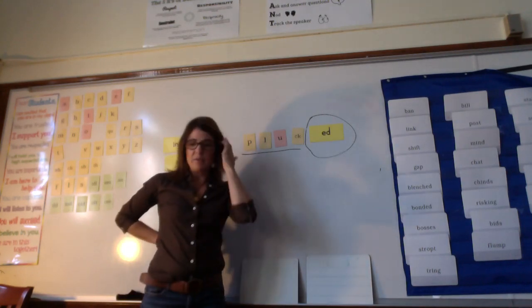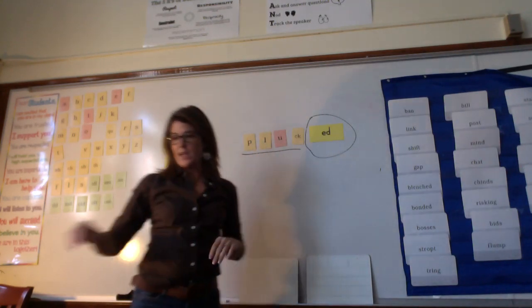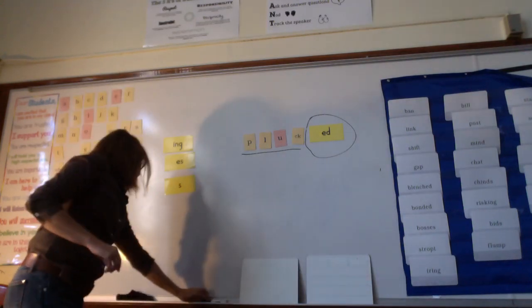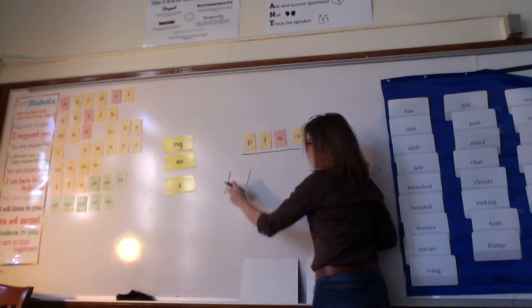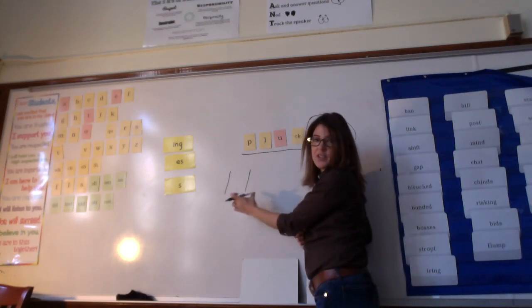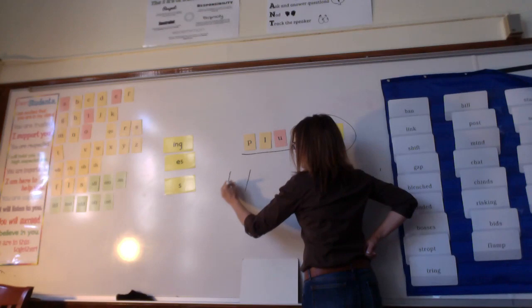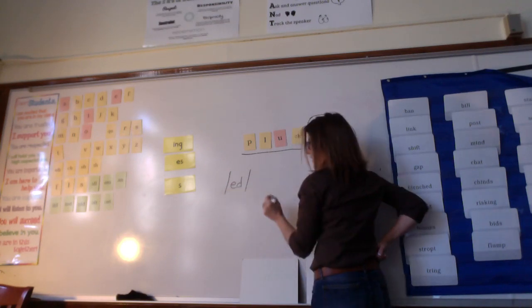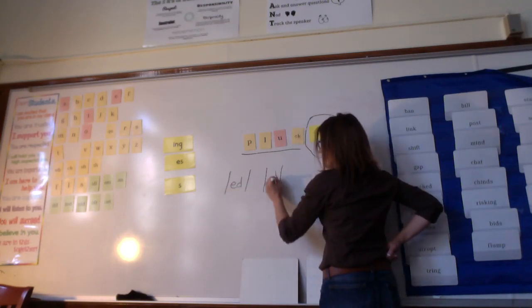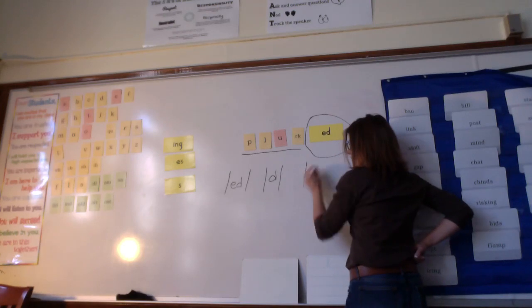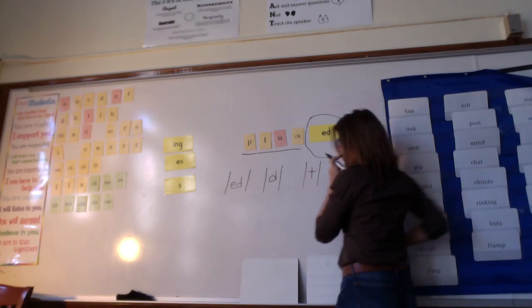ED, if you remember, can make three different sounds. When I draw these lines, that means I'm referring to a sound, not a letter. It can make the sound ed, it can make just the D sound at the end, or it can make the T sound.